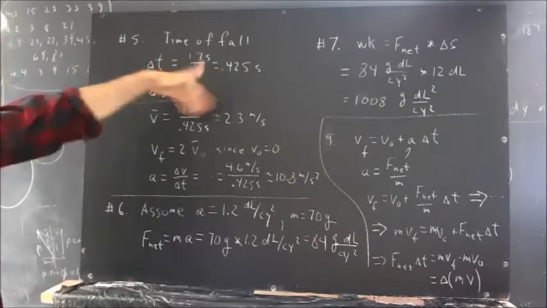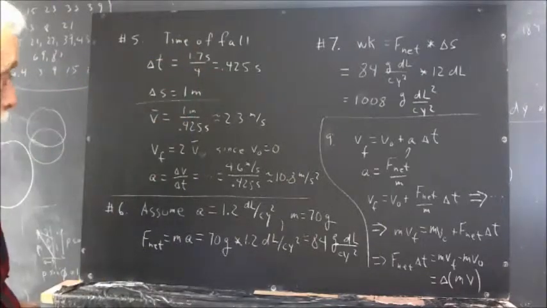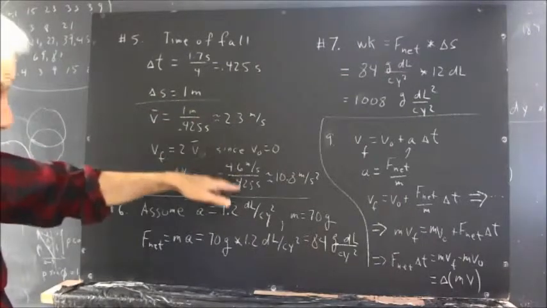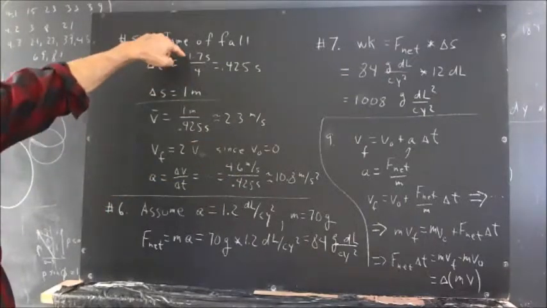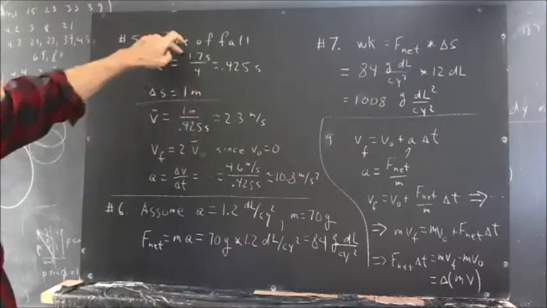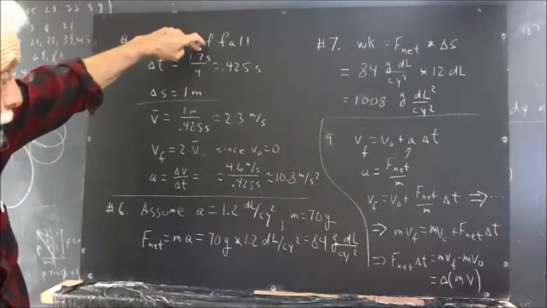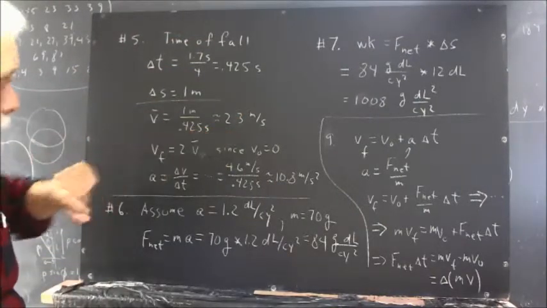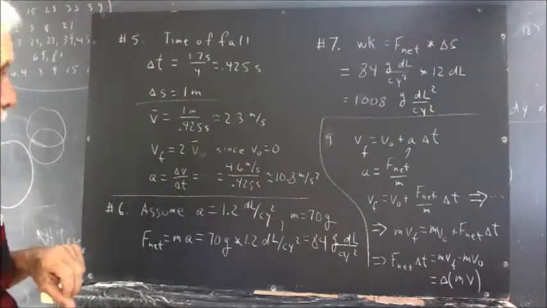Of course, I'm not watching significant figures at all here. That 0.425 is probably way too many significant figures for the accuracy of the swing of the pendulum, especially for the number of significant figures given here. Still, we'll use it, but we'll say the average velocity is about 2.3 meters per second.